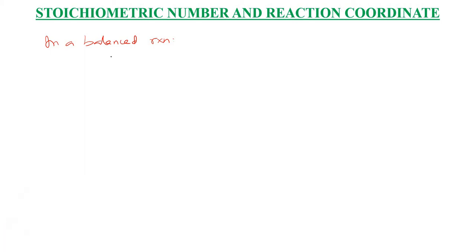Say for example, hydrogen reacts with chlorine to form 2 hydrogen chloride. Now in this reaction, what is stoichiometric number? Stoichiometric number is usually denoted by the symbol nu. Okay, nu is the symbol for stoichiometric number.